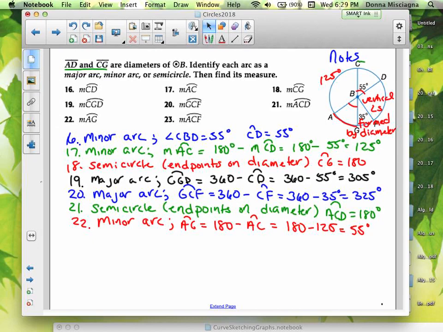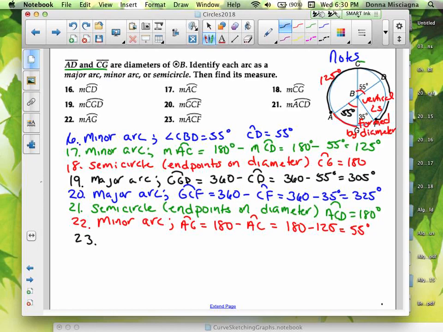And the last one, this is it, 23. Arc ACF starts at A. Now I've written all over it again. Goes through C, continues all the way to F. Notice that's everything. This is 55 degrees, right?